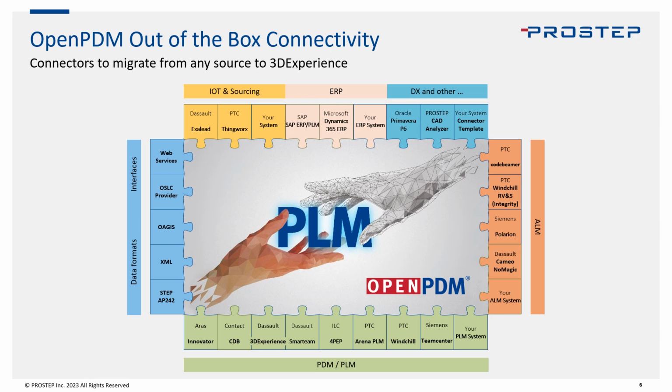You see ALM systems on the right-hand side, mostly used for integration purposes. On the left, some interfaces like our web service connectors, OSLC for federation, OAGIS for MES integration and other things, as well as our STEP toolkit.